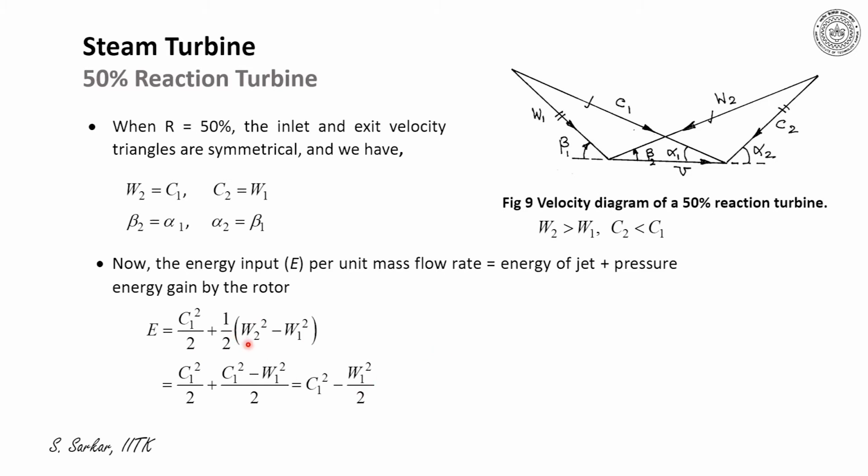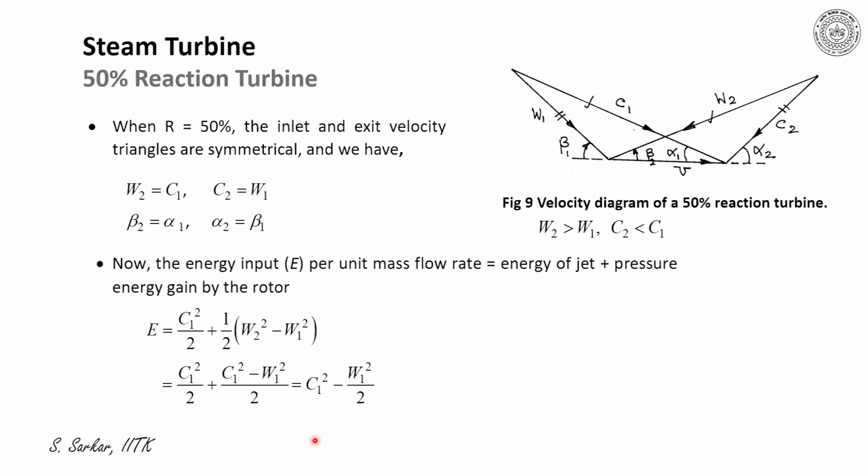Now, W2 equal to C1, hence I can write E equal to C1 square by 2 plus C1 square minus W1 square by 2. This would be equal to C1 square minus W1 square by 2.